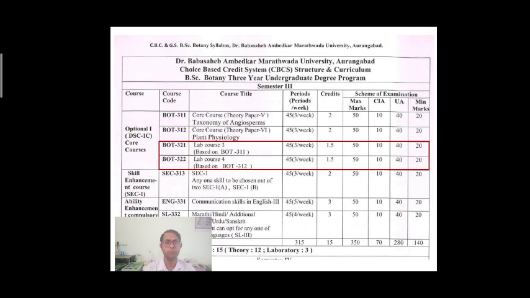Now from here onwards I am going to deal with the paper that is the plant physiology, and along with that we are going to conduct the practicals for plant physiology also. Plant physiology is the paper which includes 3 units.